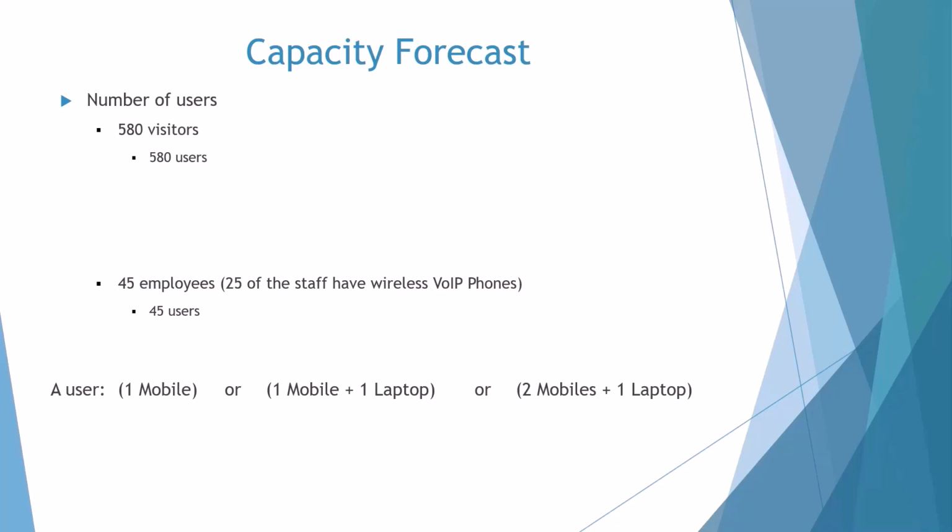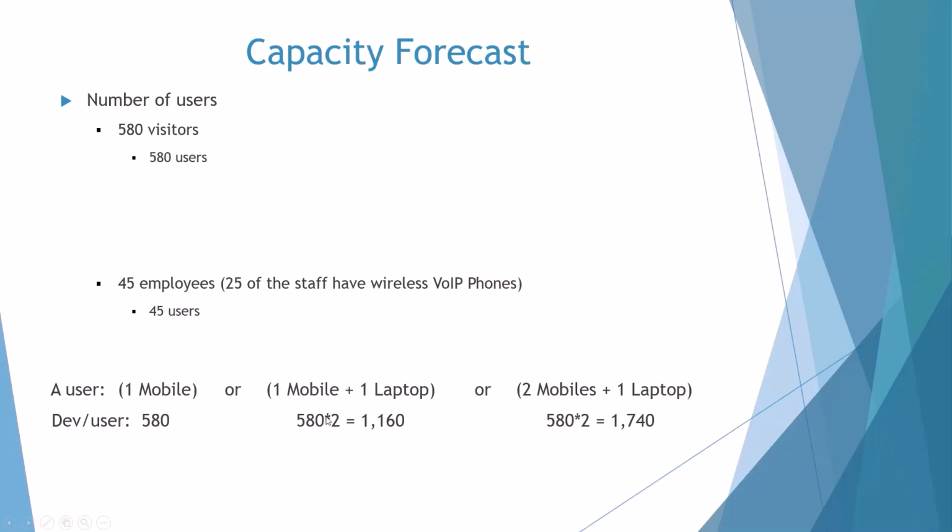For now, if we consider the first option, we will end up having 580 devices inside the concert hall. The same case applies for the offices. We will end up having 45 devices inside the offices.